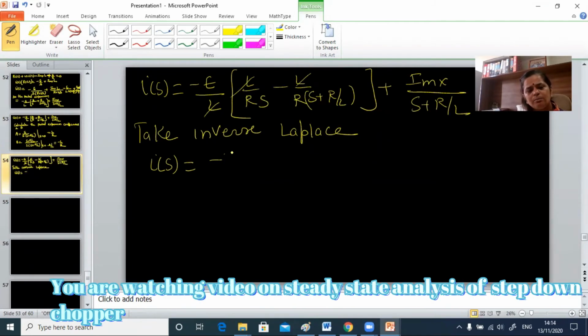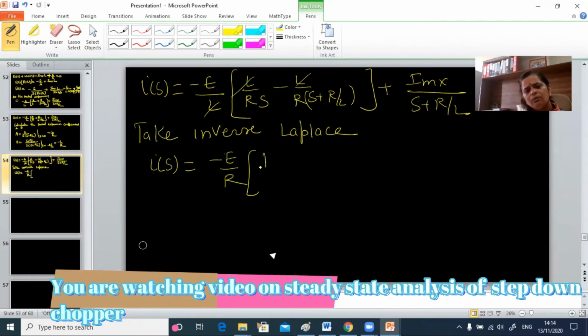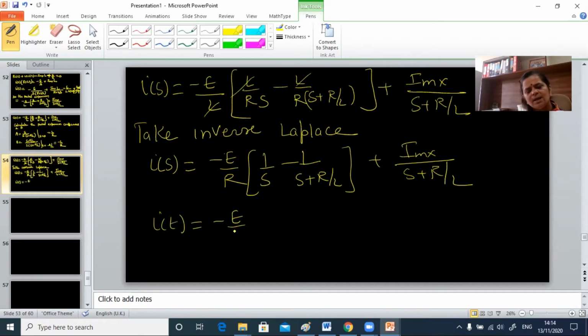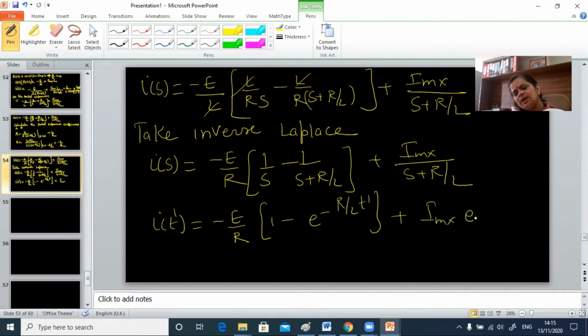So I(s) is equal to minus E by R, 1 upon S minus 1 upon S plus R by L, plus I max upon S plus R by L. Now inverse Laplace लेंगे तो IT dash is equal to minus E by R, 1 minus e की power minus R by L T dash, plus I max e की power minus R by L T dash. This is your expression of current during off time. So this is equation number 4.